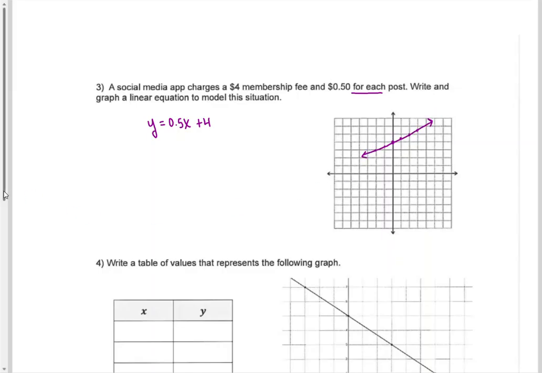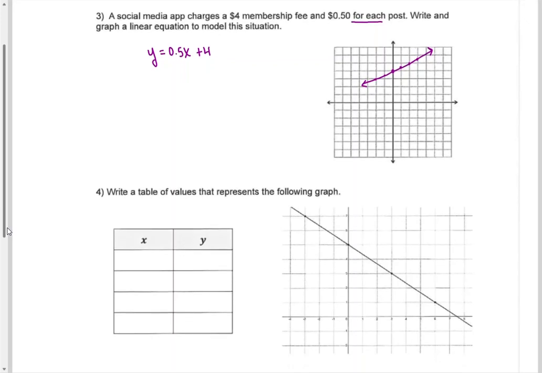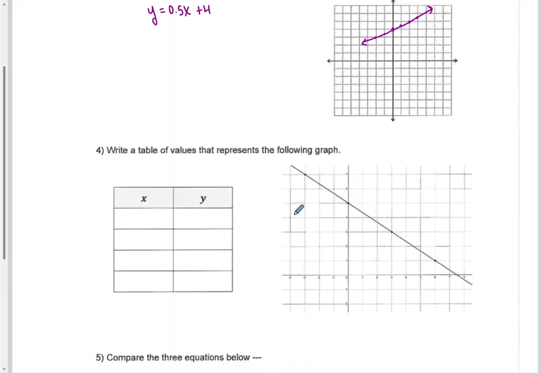Okay. All right, write a table of values that represents the following graph. All right, so I have a table of value here. Sorry, no, I don't have a table of value. I have a graph here and I have to just write some values here. So I'll just go ahead and pick a few points.